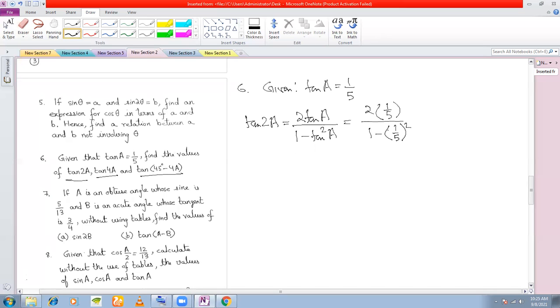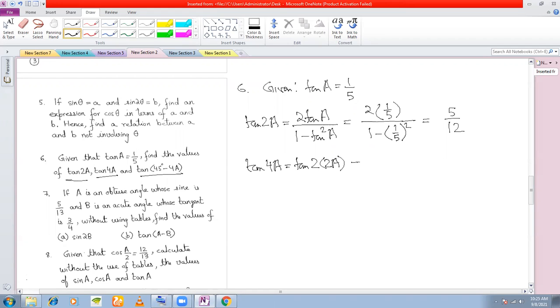So that is tan 2A, and you can simplify this. I'm not simplifying; you can simplify this to find the value of tan 2A as 5 by 12. Next, we also need to find out tan 4A. Tan 4A, if you see, can also be written with the double angle formula as tan of 2 into 2A.